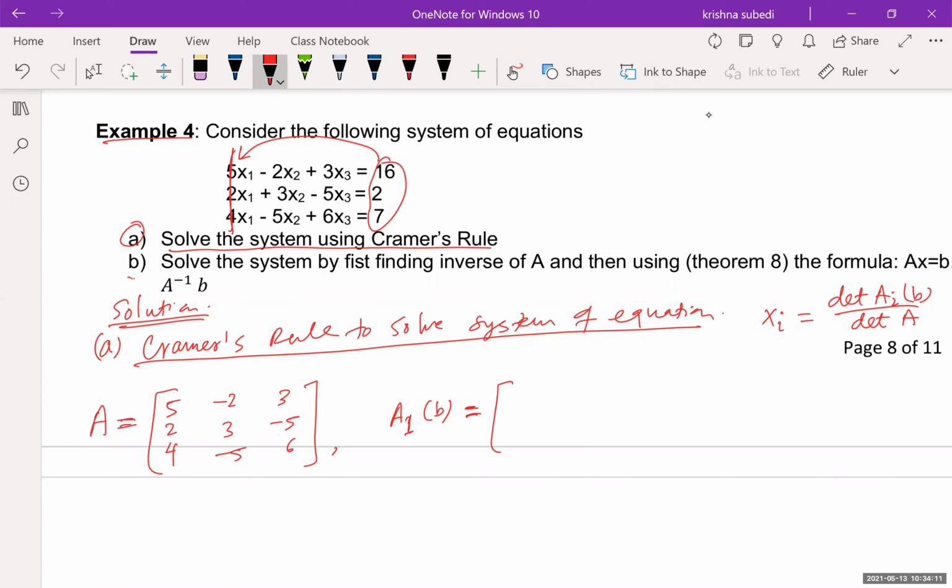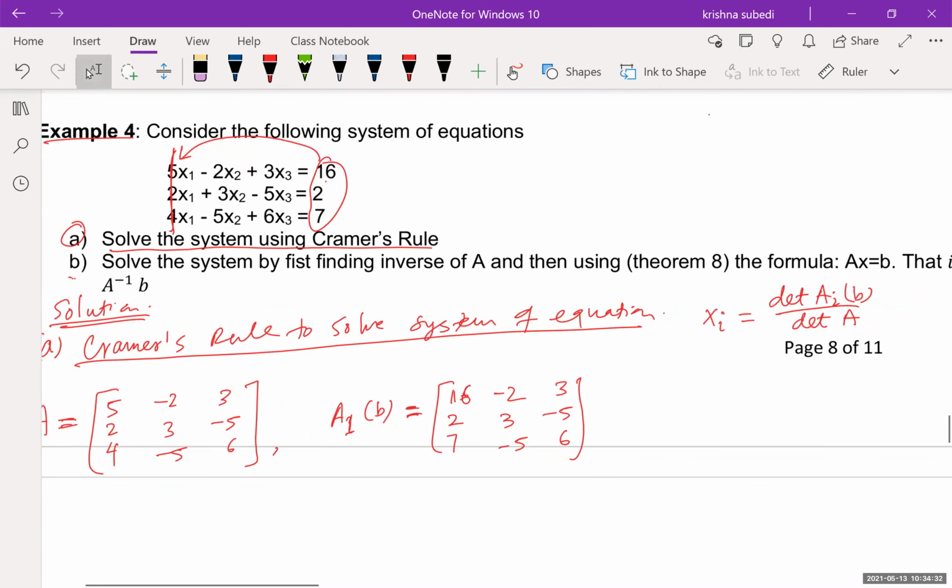So 16, 2, and 7. I replace the first column by the constant, and the second column and third column remain the same. So the second column is -2, 3, -5. The third column is 3, -5, and 6. If you have any question, let me know.